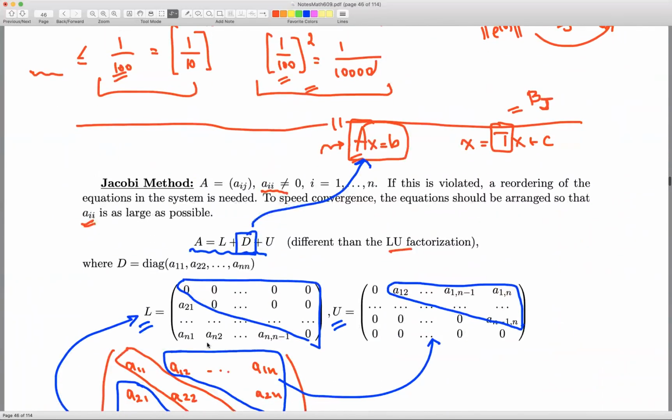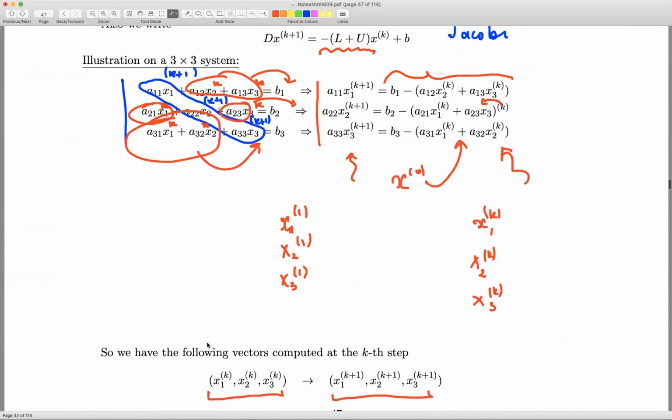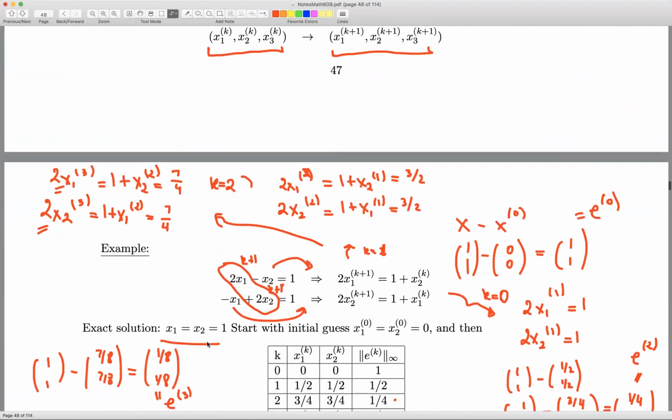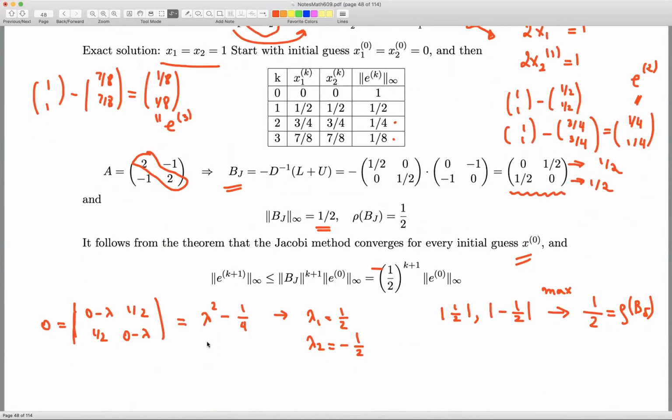Here we have the exact solution, so we can actually look at the error at step 0, and we can look at the error at any other step.